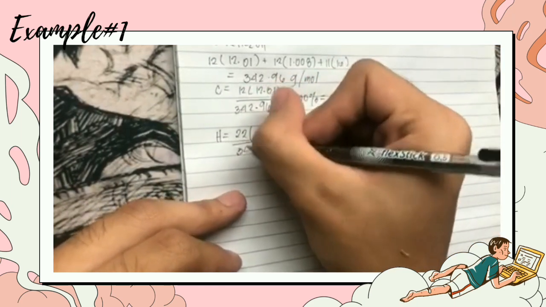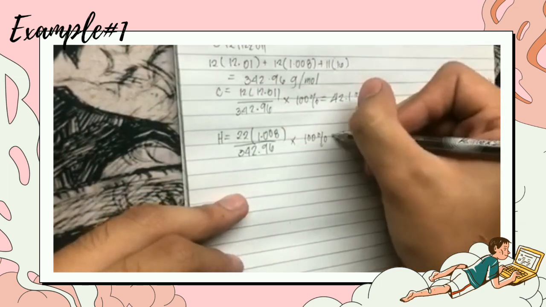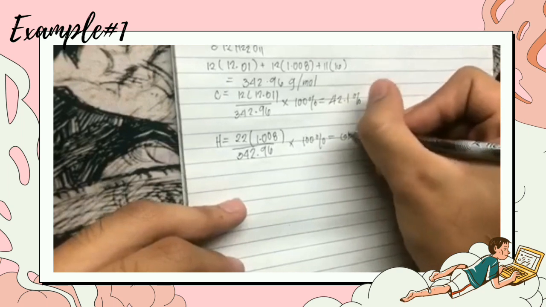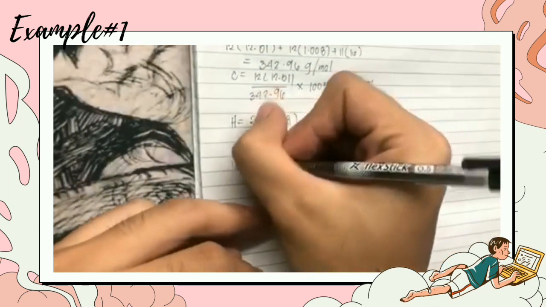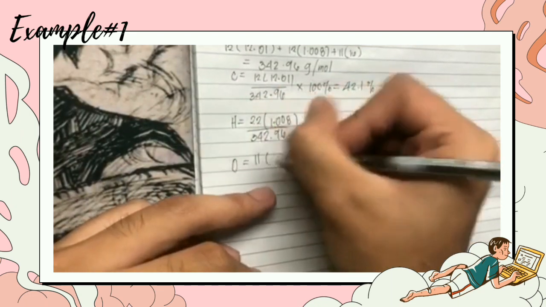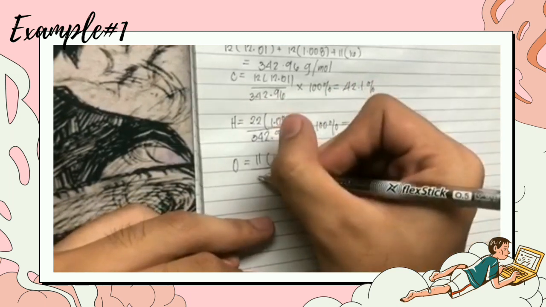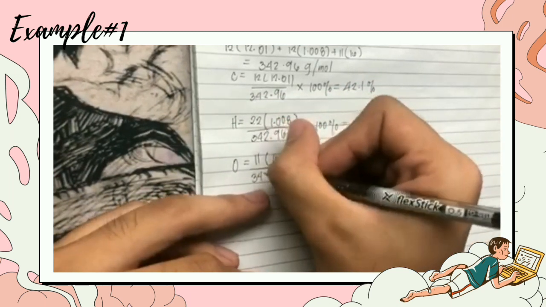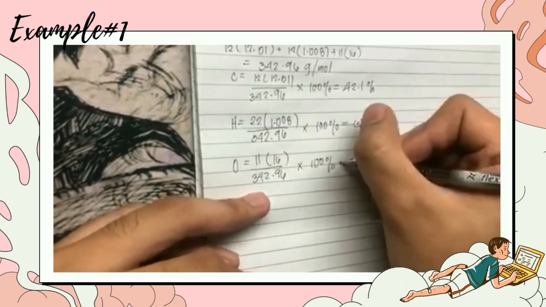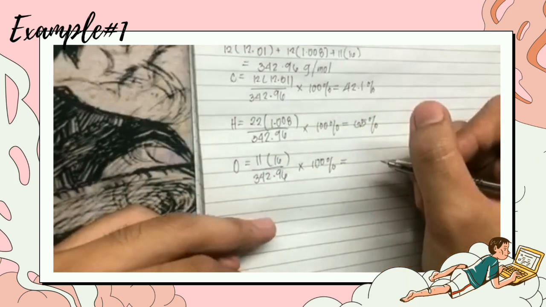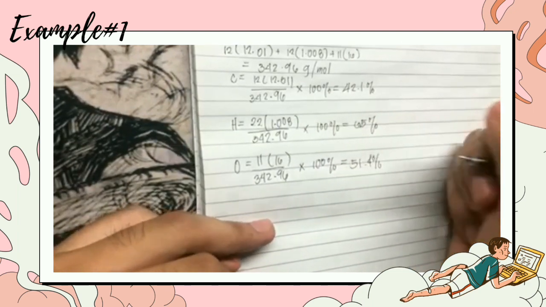Then hydrogen is equal to 22 times its atomic weight, which is 1.008, over the result from step 1, 342.96, times 100%, which is equal to 6.5%. Now for oxygen, it is equal to 11 times its atomic weight, which is 16, over the result from step 1, 342.96, times 100%, which is equal to 51.4%.